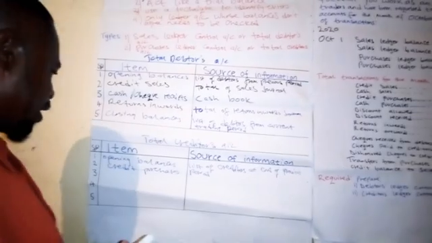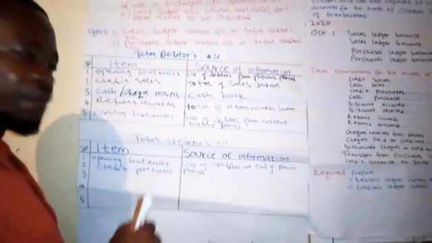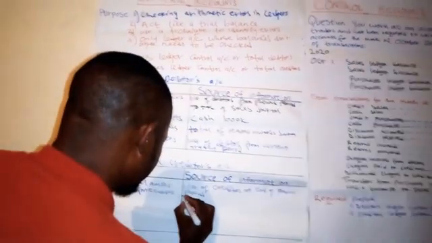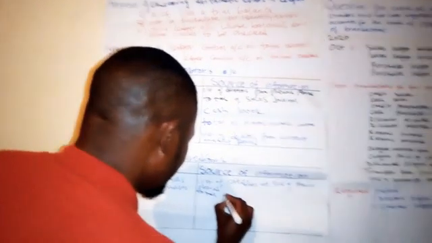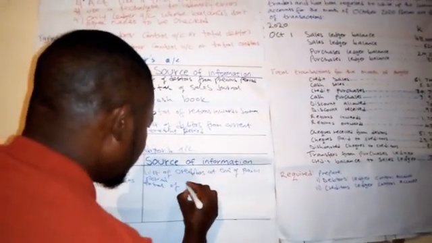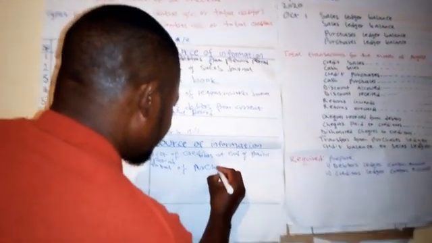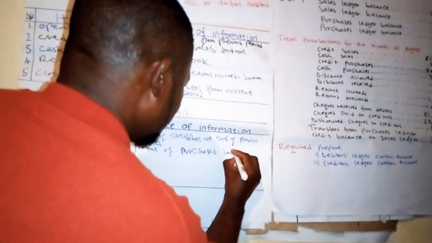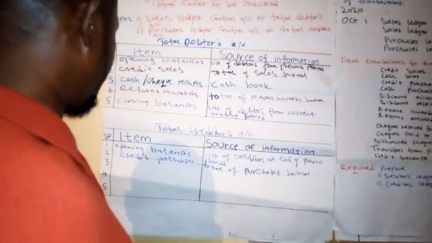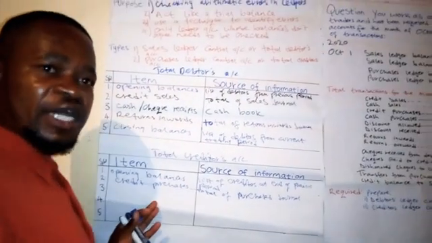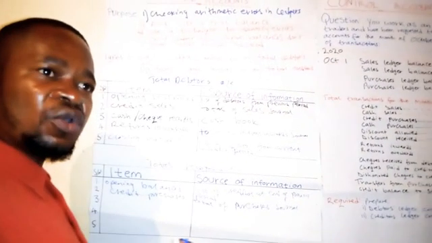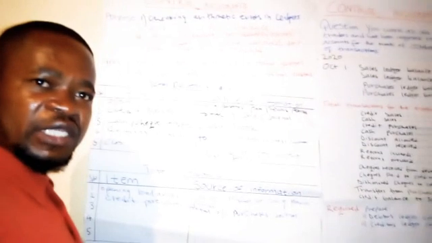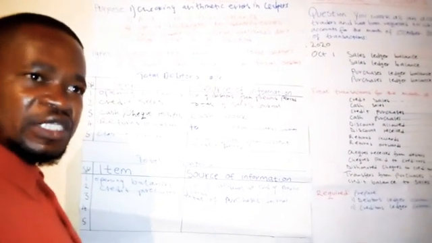So credit purchases are coming from the total of the purchases journal. Then the third item has to do with the cash or bank payments that are made to the suppliers.